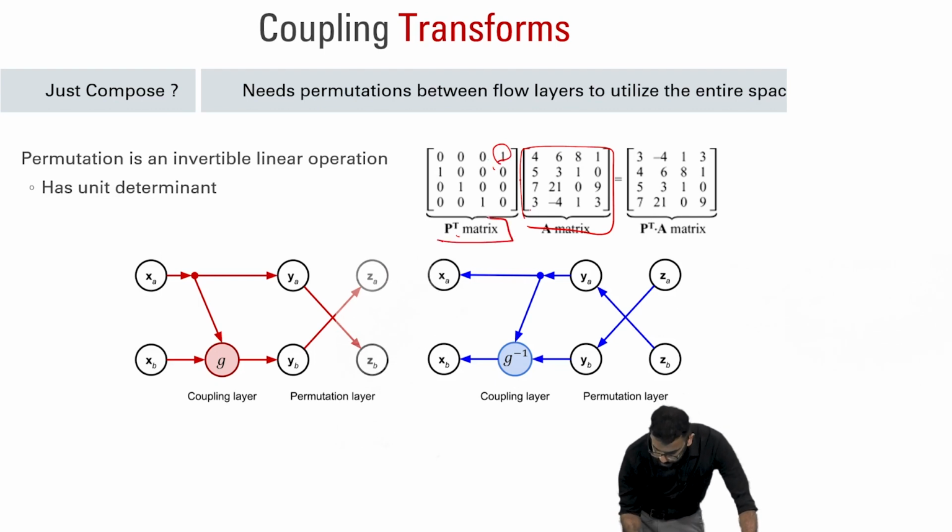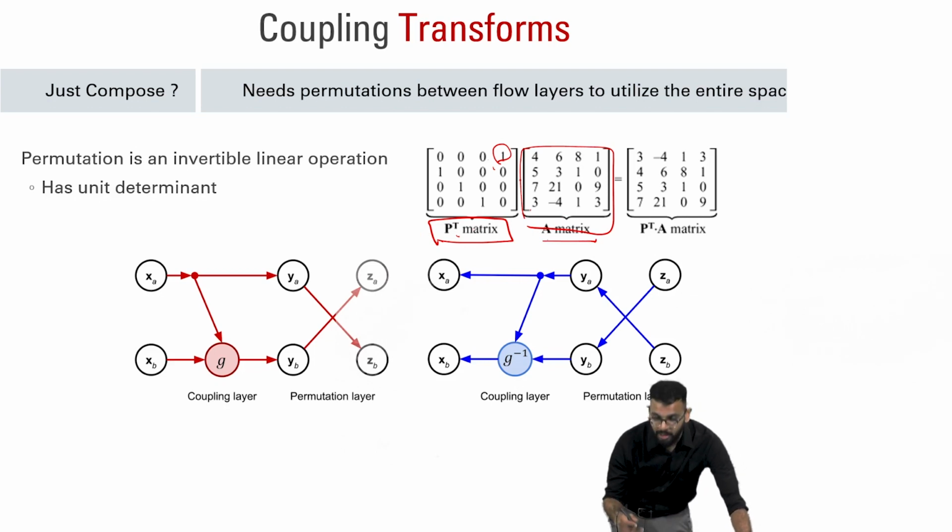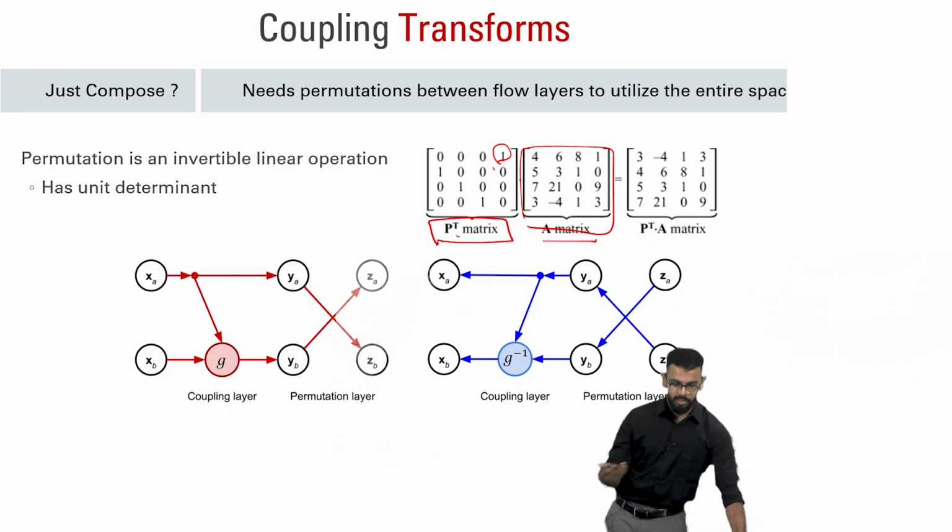And such a matrix is invertible because the inverse of a permutation matrix is its transpose. So I can permute any given matrix by multiplying it with a permutation matrix, and I can get the inverse of that transformation by multiplying it again with the transpose of the permutation matrix.